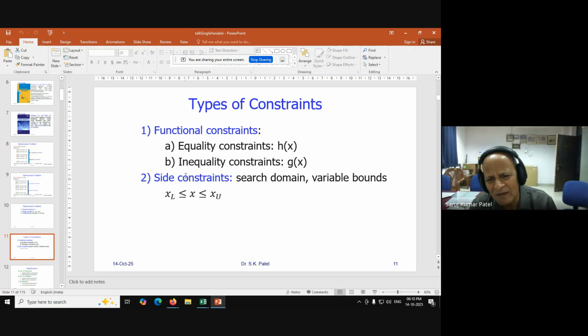The last line is actually side. It decides the zone, the upper side and lower side. And in between, whatever you write down, the H constraints and G constraints, are called the functional constraints. And the top line is called the objective function. So we have broadly two types of constraint. One defining its domain, the last line, that is the side constraint, and another from the functional point of view, the consumption of resources point of view. That is again of two types, equality and inequality.